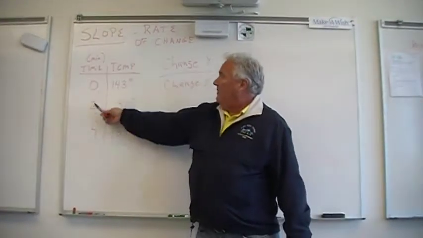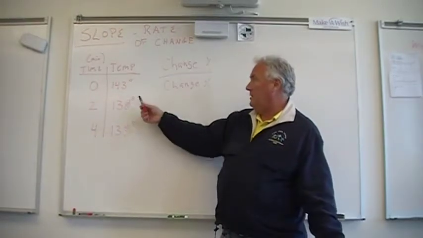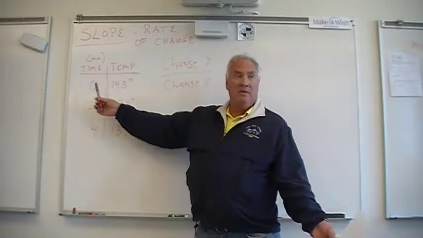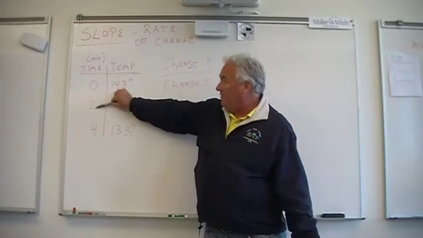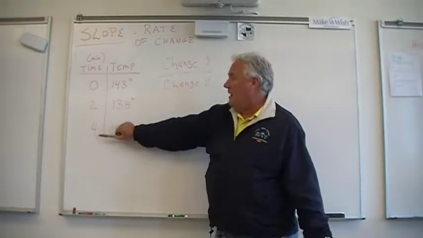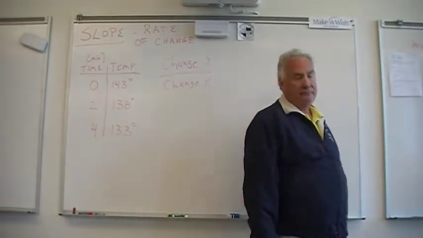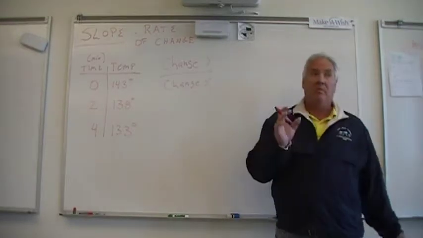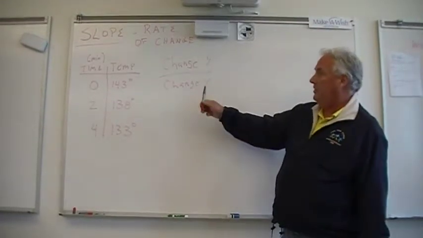The time and the temperature of a solution. Maybe you've heated up a solution, and at 0, once you've heated it, it's at 143. After 2 minutes, it's cooled off to 138. After 4 minutes, it's cooled off to 133. So that's a science way to use it, and the SAT will a lot of times give you a real life situation.